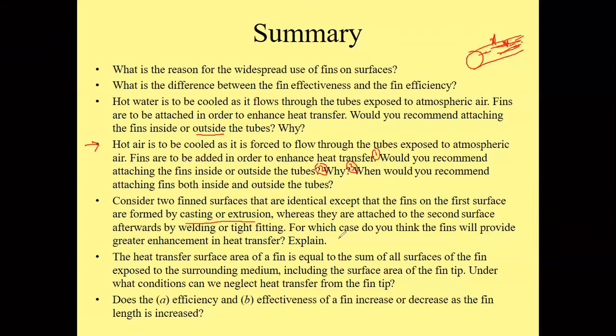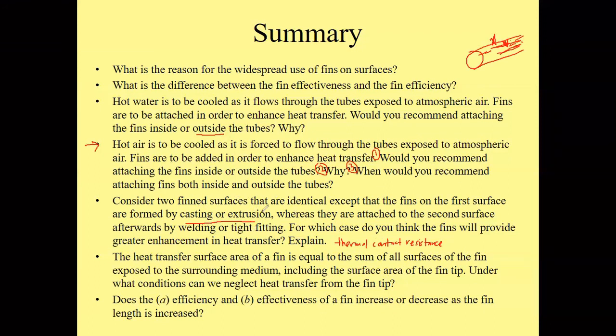Because of, if you still remember this. When you extrude it in the mold of the surface material, you will have fewer air gaps, for example, or gaps between the fin and the surface, whereas welding or fitting depends highly on your skills and how perfectly you do the job.